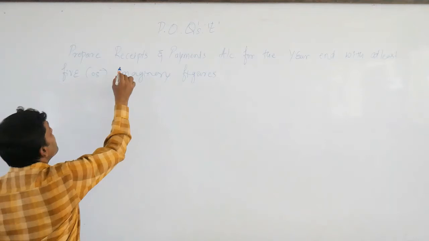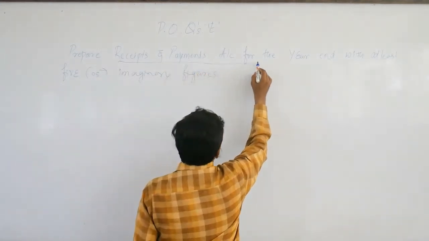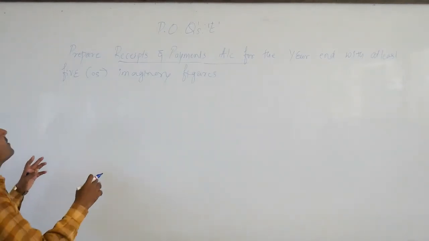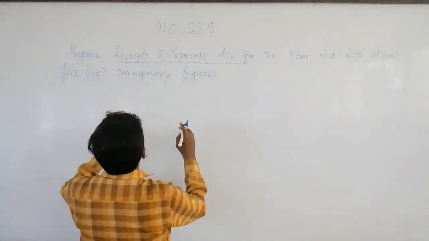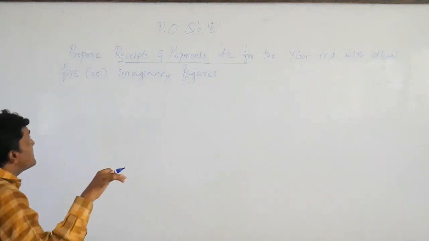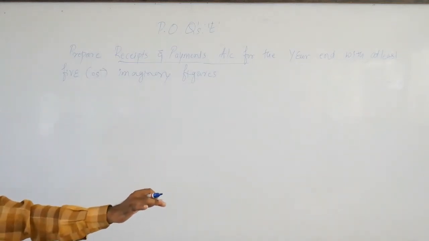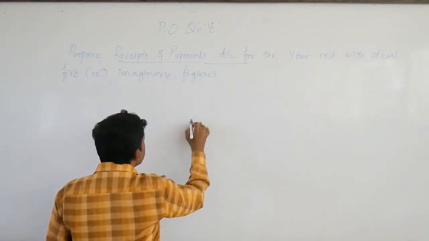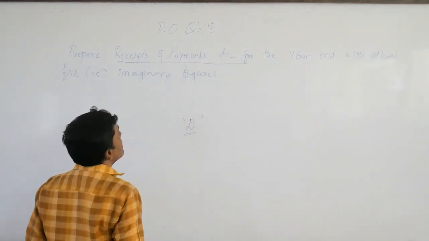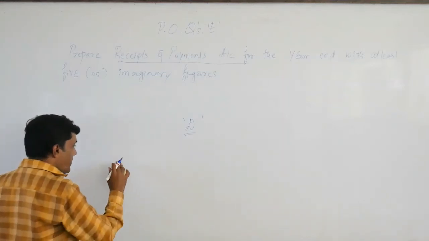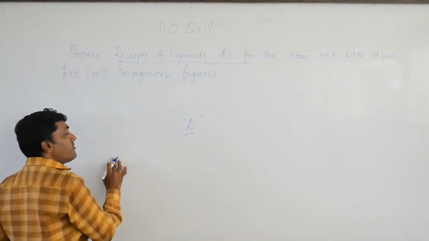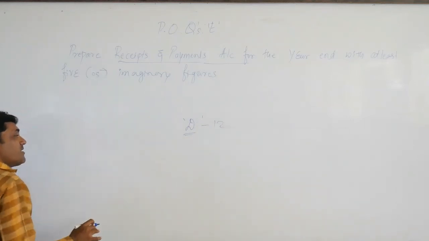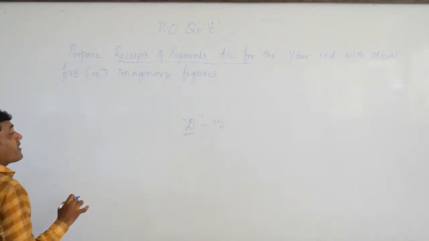So while preparing this receipts and payments account, dear students, I will give you one tip on how to answer this question. The answer for this question is already there in your question paper. You need to just see the question paper under section D. This is the tip, dear students. Under section D, the 12 marks question, the first question, non-profit organizations.